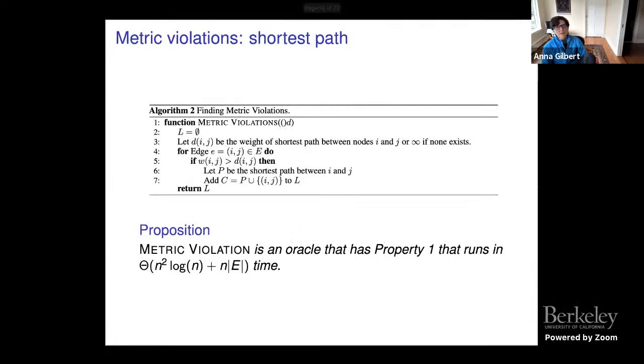Okay, so what's an example of such an oracle that has this property? Well, it's called metric violations. But essentially, it is to run a shortest path algorithm on all of the edges in the graph, and if the length of the edge between node i and j is greater than this shortest path, then you have a violated constraint.